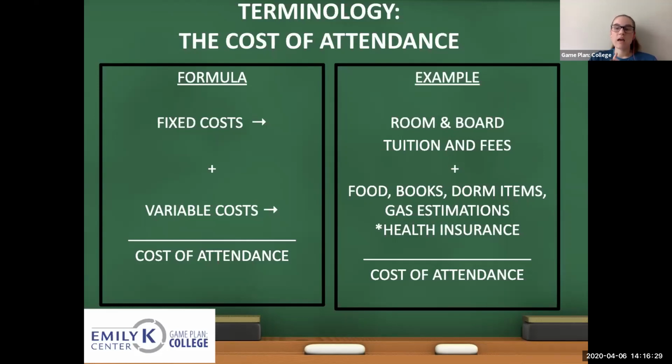Another note here is that because of the Affordable Care Act, you are required to have health insurance. If you are not covered under your parents' health insurance policy, the university will charge you, I think it's around $800 a semester for health insurance. So if you stay on your parents' health insurance plan, that's a way to reduce your variable costs.